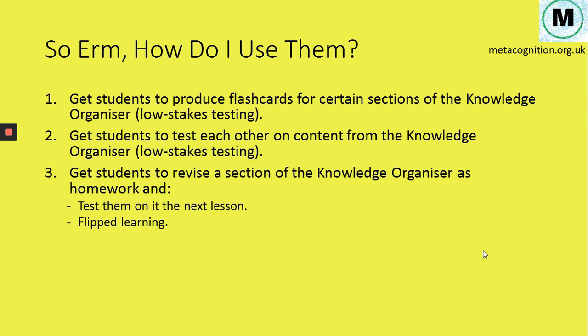That's my greatest concern with flipped learning, where you're getting students to revise and learn ahead of you teaching them the content, but they're not going to understand it and they're just going to develop misconceptions. Well, if they're working from a knowledge organizer, it's more difficult to develop misconceptions. If you're just giving them the basic facts that they must learn, it will reduce the possibility of them getting confused.